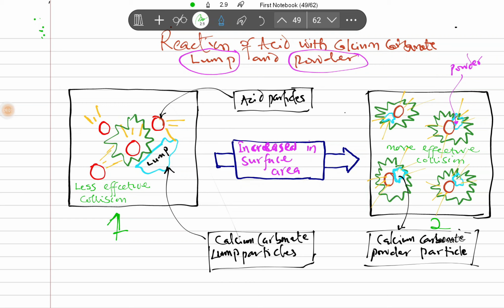And so in box 1, the rate of reaction is low, while the rate of reaction in box 2 is high due to the increase in the surface area of calcium carbonate from lump to powder.